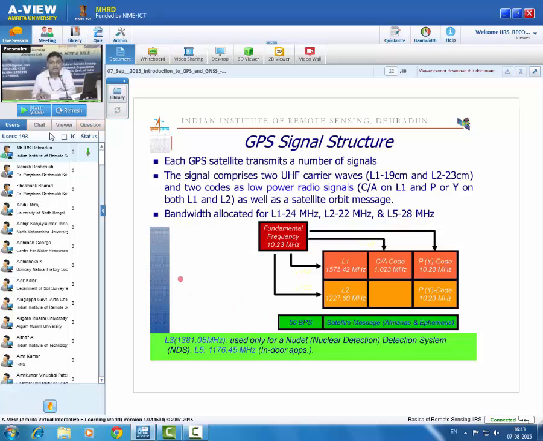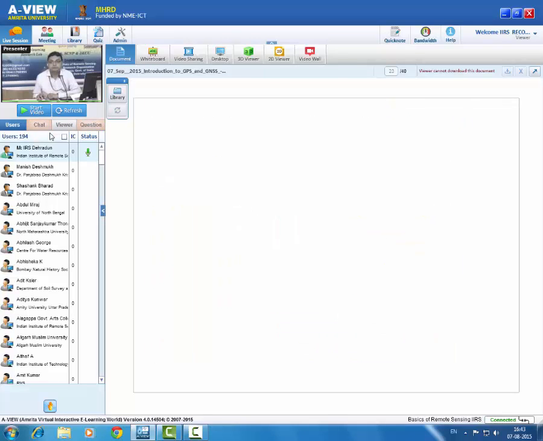So this particular slide is very important, as it explains the structure of the GPS signal. I will repeat here: the acquisition code which we are using is the coarse acquisition code. The coarse acquisition code is overlaid only on the L1 wave, whereas the precise code, which is used by the Department of Defense, is modulated on both L1 and L2 carrier waves.